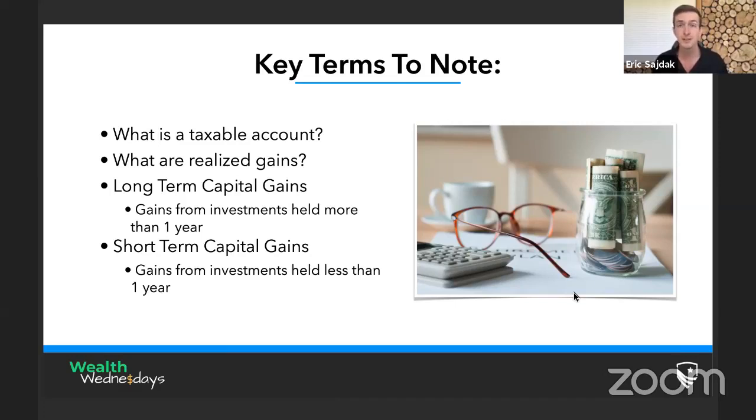Okay, long-term capital gains have a preferred tax rate. Short-term capital gains have normal ordinary income rates. So we generally want to avoid short-term capital gains, mostly at all costs, and only realize long-term capital gains. Okay. So again, just getting some key terms out of the way for anybody that might be confused as we move into the meat and potatoes of this presentation.